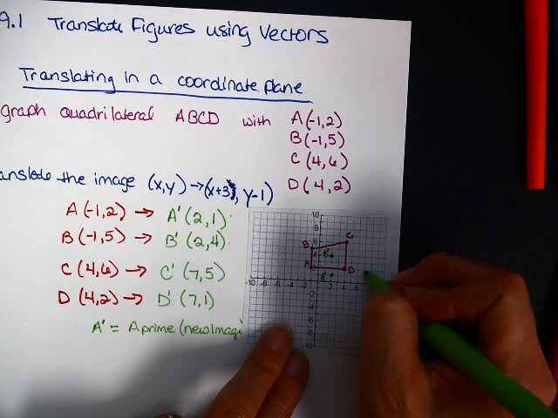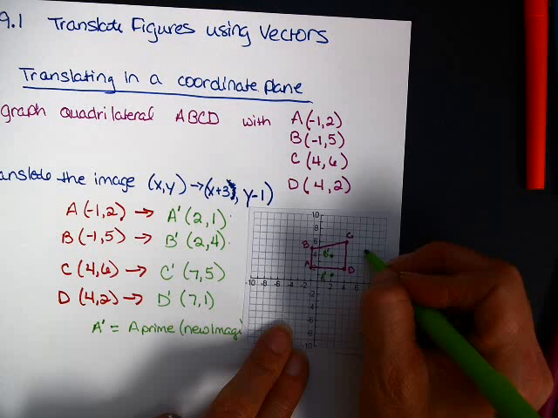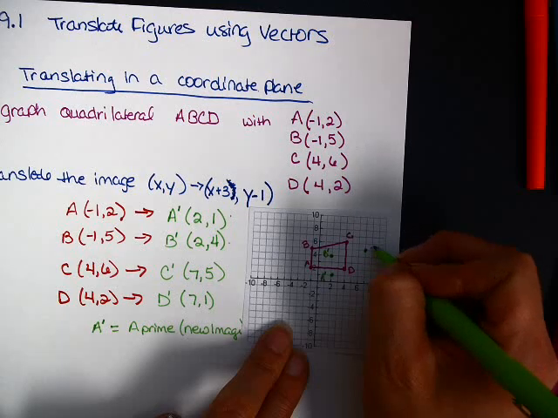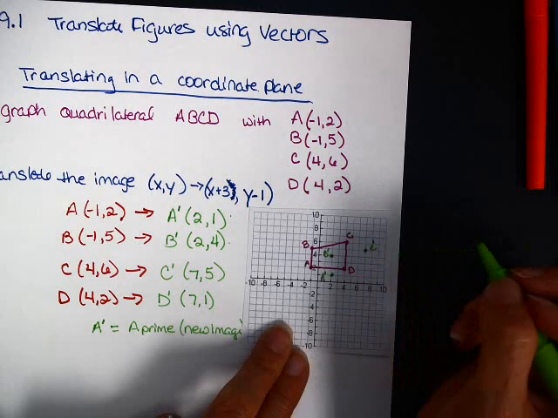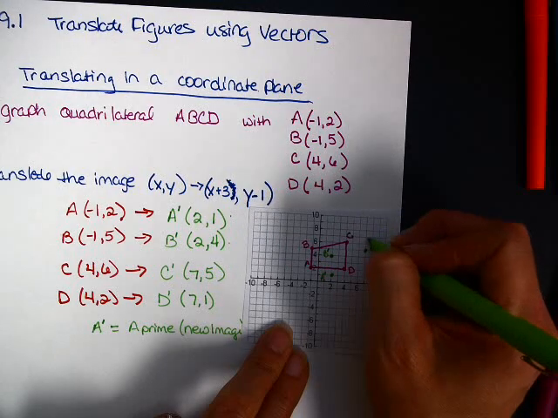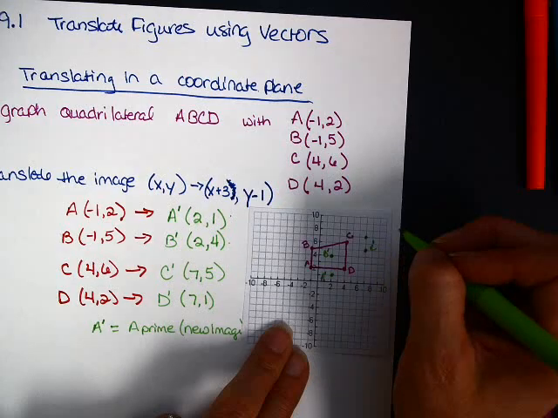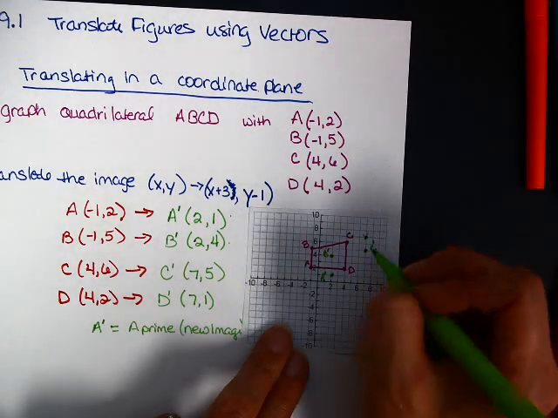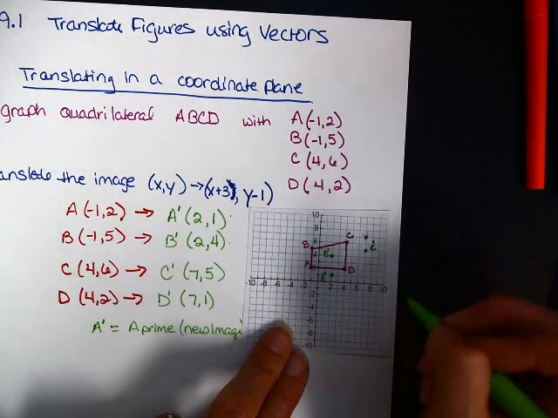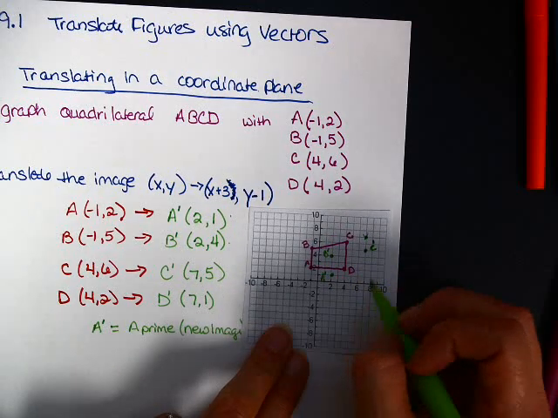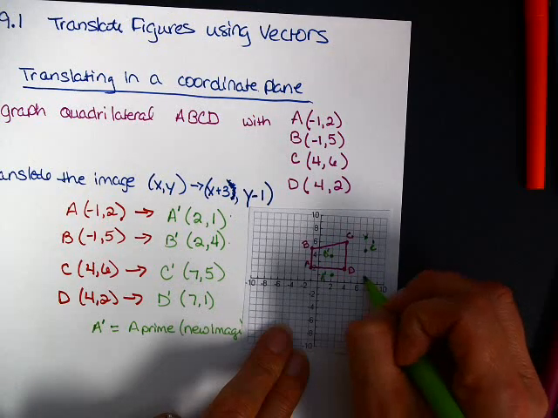At 7, 5. That's C prime. We're good. And then D prime is at 7, 1.